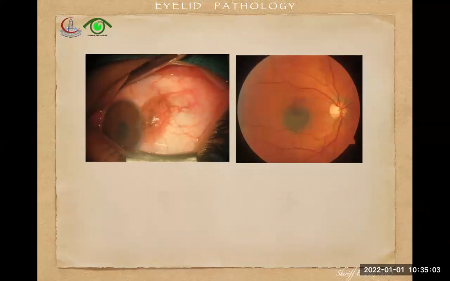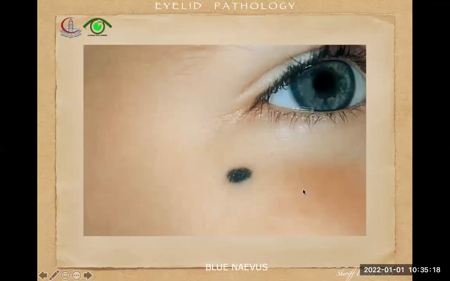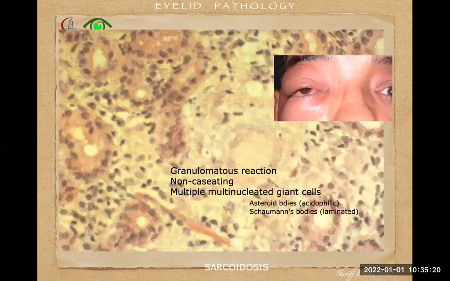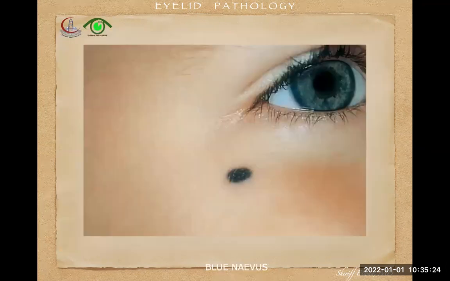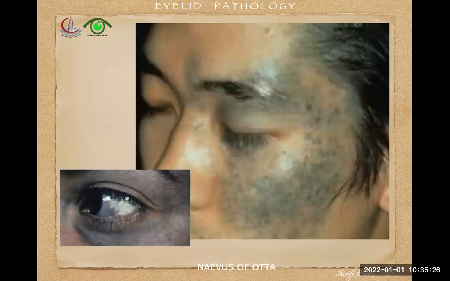This is an example of a conjunctival episcleral benign melanoma, and this is a nevus in the fundus. This is the blue nevus. And this is the nevus of Ota.